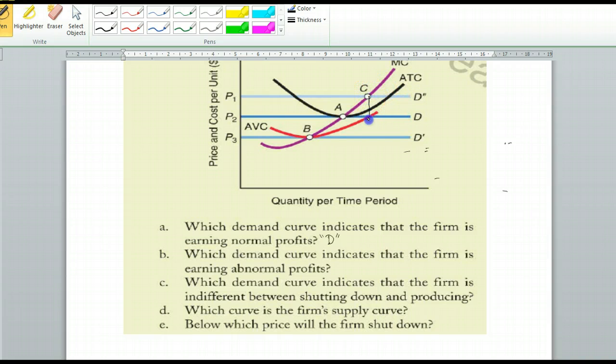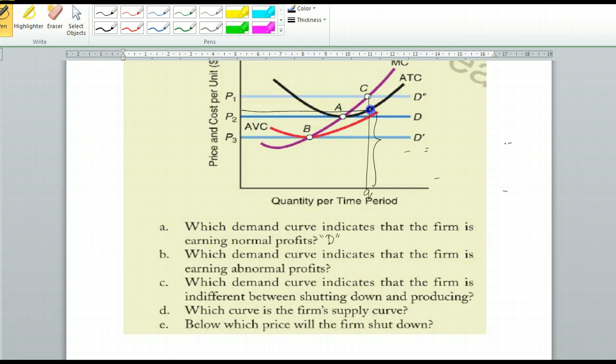in which case we know the quantity of output produced, and the total revenue therefore is going to be this quantity times this P1 price. So area of this big rectangle is going to give you the total revenue, and to find total cost, you just first find the average cost for this given quantity. Average total cost is shown by this point on the average total cost curve, because that's the average total cost when you produce Q1, and therefore the total cost is this average cost times the quantity that you produce.